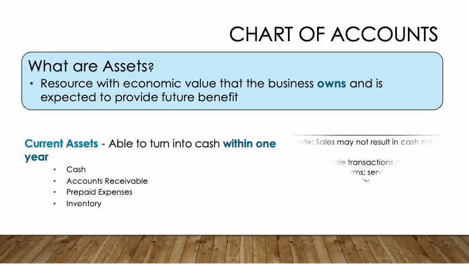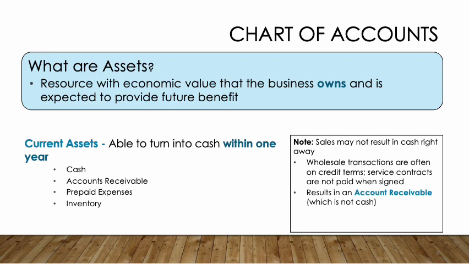Now, I want to explain one concept here, and that is that sales for many businesses may not result in cash right away. Wholesale transactions are often on credit terms, and the common credit term in Canada is 30 days. So you deliver your goods one day, you get payment 30 days later. Also, service contracts are not paid when signed.